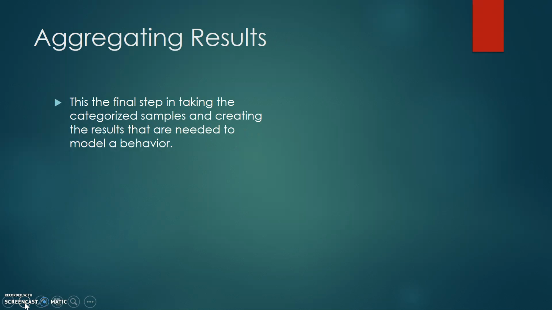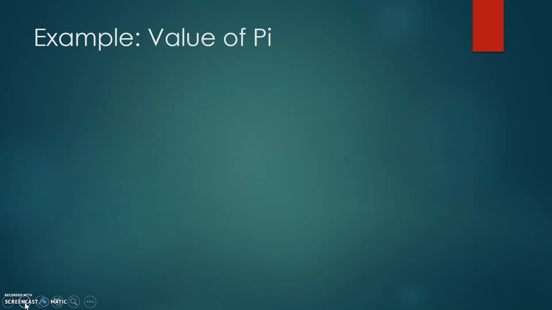After we do that, we have to aggregate the results. What we mean by aggregating the results is once we have categorized all the data from the sample, we need to come up with the ratios, the means, the stuff like that. This would be the final data of successes versus failures.